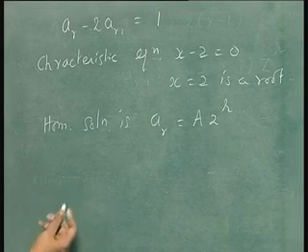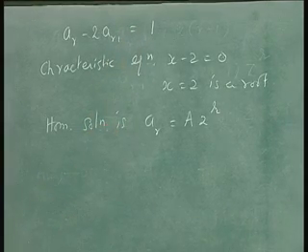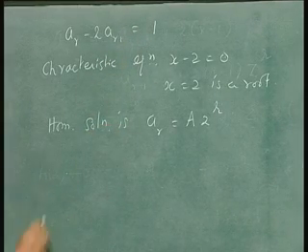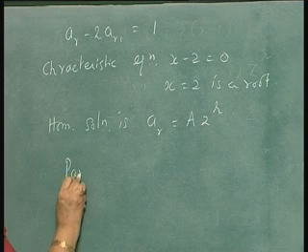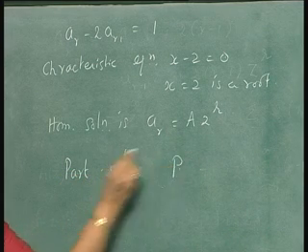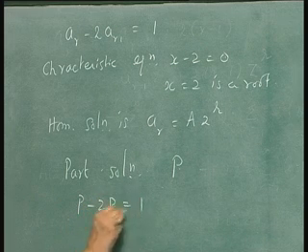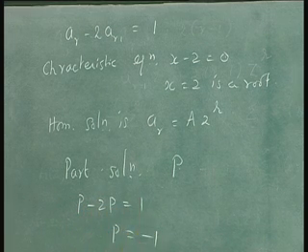Now, what is the particular solution? The right hand side is a constant and 1 is not a root. So, you can take the particular solution in the form P, a constant. So, P minus 2P is equal to 1 or P is equal to minus 1.